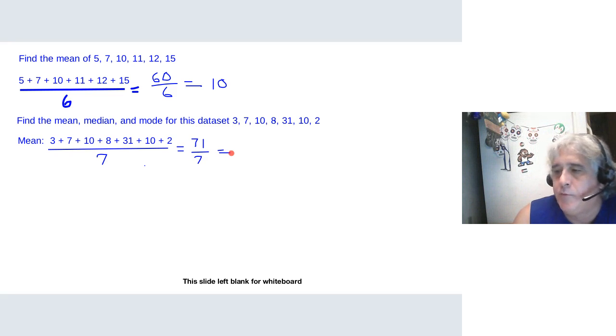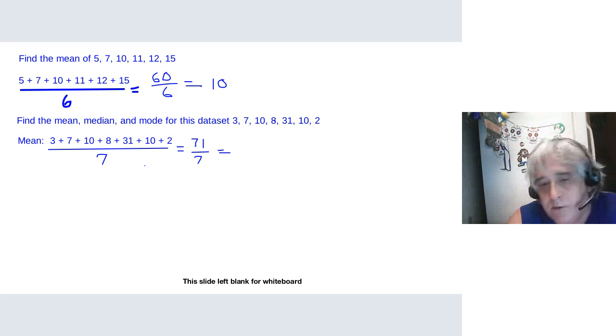All right, which means that we're going to have to round it off. And generally speaking, you round off to one place past the number of places in the data. So the data is all whole numbers, so we're going to go out to tenths.